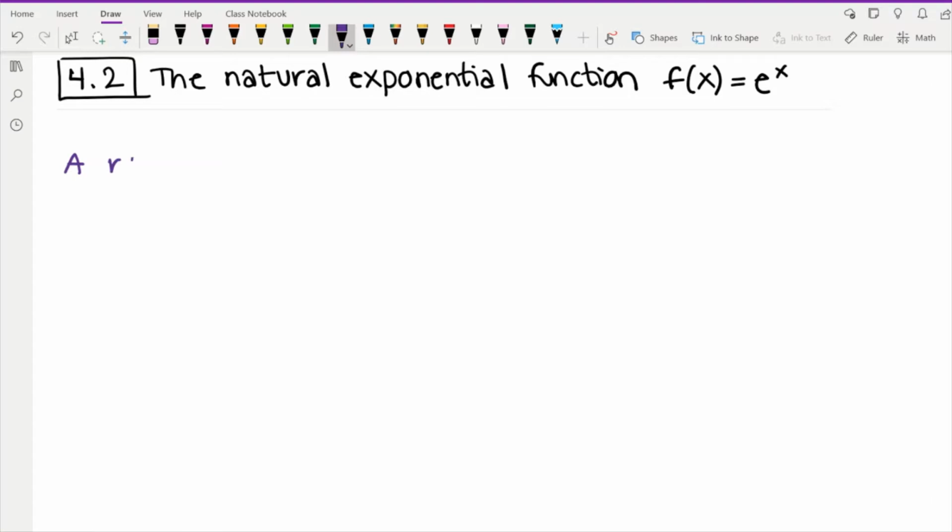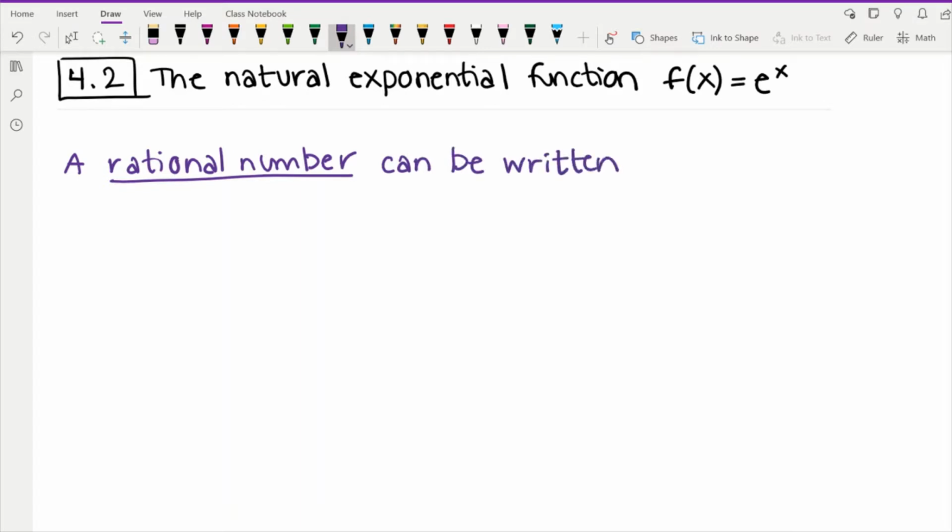So we said that a rational number is a number that can be written as a ratio, right? Rational has the word ratio in it. So a rational number is basically a fraction. So a rational number is a number that can be written as p over q, where p and q are whole numbers.